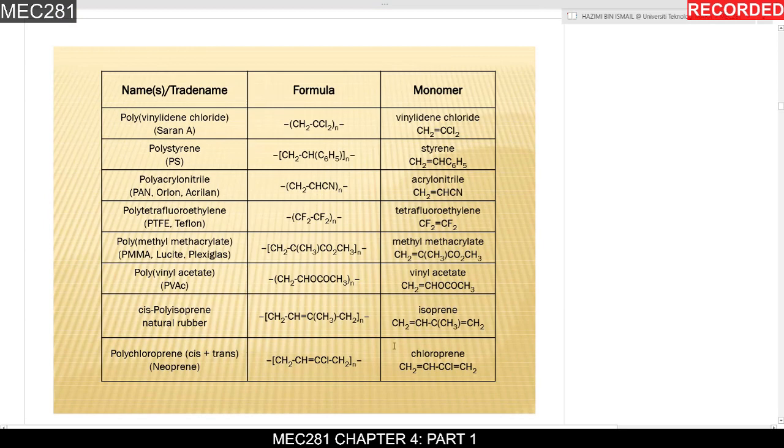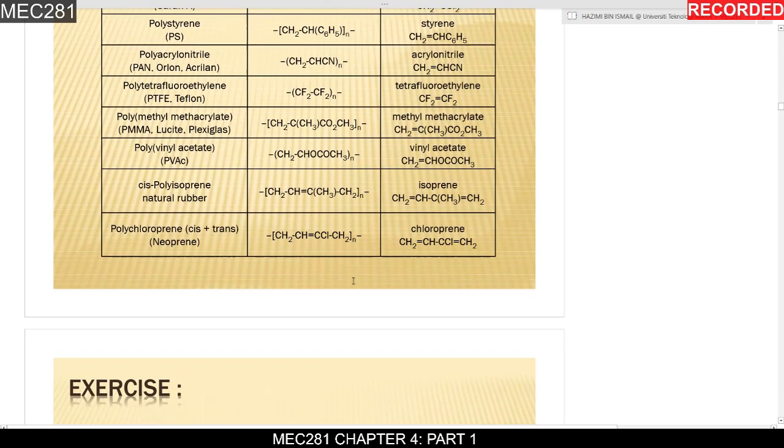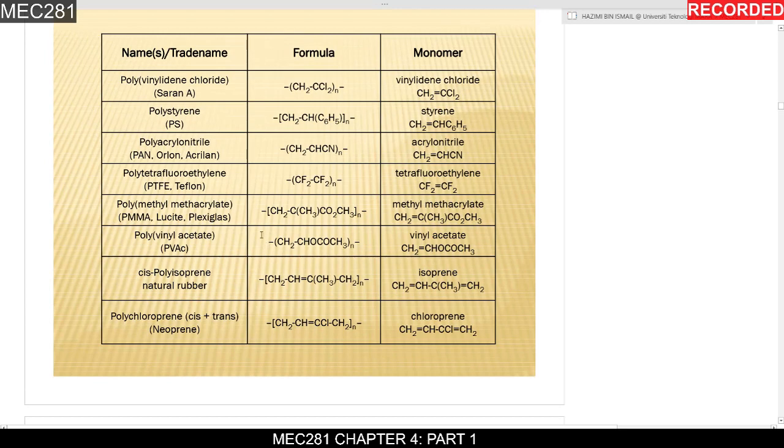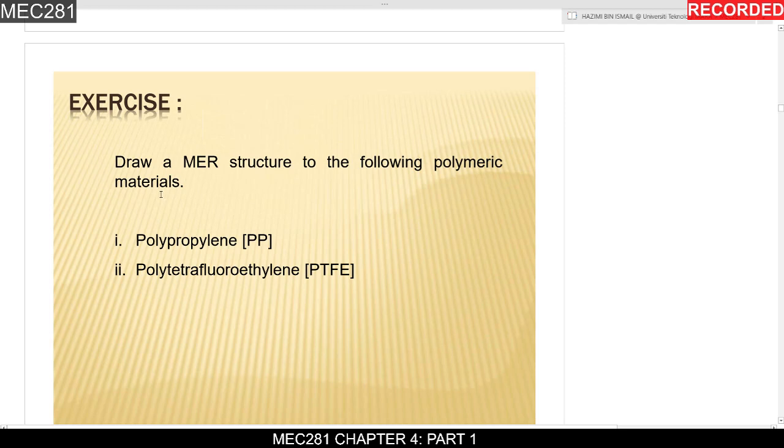Okay, so there are so many formulas of polymers here. I will not read them one by one for you. So this is the exercise. Draw a mer structure for the following polymeric materials: polypropylene, polytetrafluoroethylene.